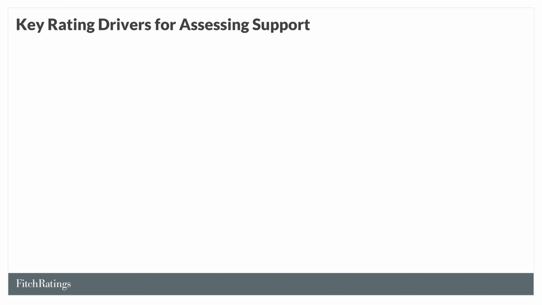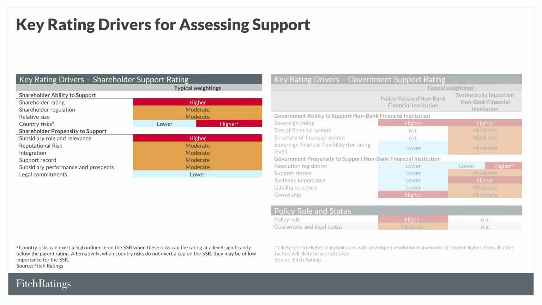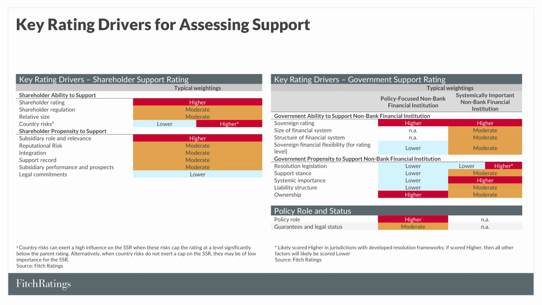Where support is a relevant analytical consideration, Fitch assigns either shareholder support ratings, or SSR, or government support ratings, or GSRs, where there is a likelihood that in case of failure, an NBFI will receive extraordinary support from its shareholder or government sources, respectively, to prevent it defaulting on its senior obligations.